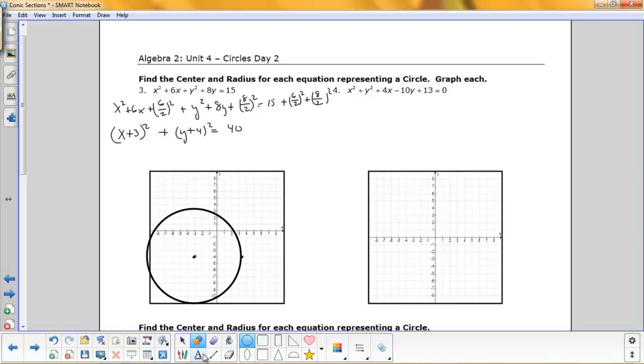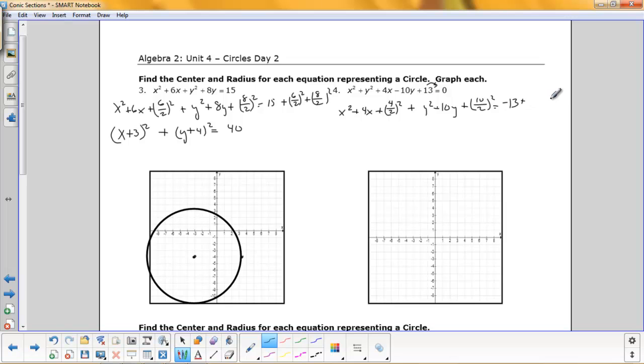Alright, moving on. Here, x squared plus 4x plus (4 over 2) squared, plus y squared minus 10y plus (10 over 2) squared. Remember, I leave out the negative because the negative gets washed out anyway because of the squared. And then that equals -13, because I had to move the 13 to the other side first.